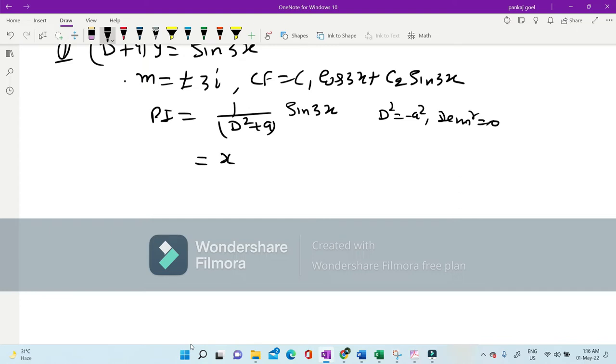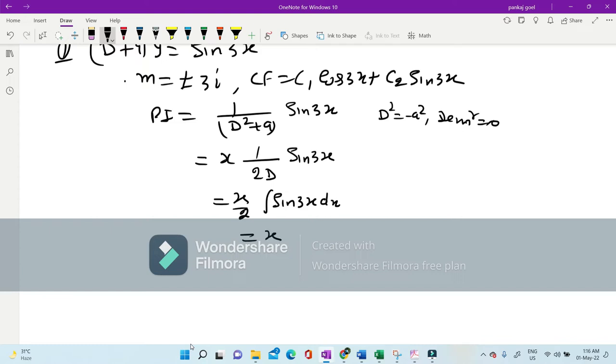Differentiate the denominator and multiply by x, so 1 upon, multiplied by x, differentiation of the denominator, that is 2d, and then sine of 3x, and 1 upon d stands for integration. So you can write x upon 2 integration of sine of 3x dx.